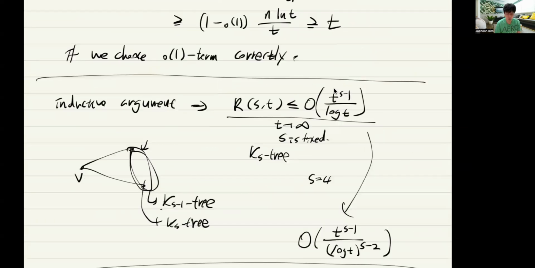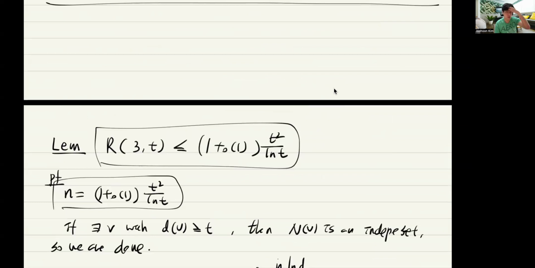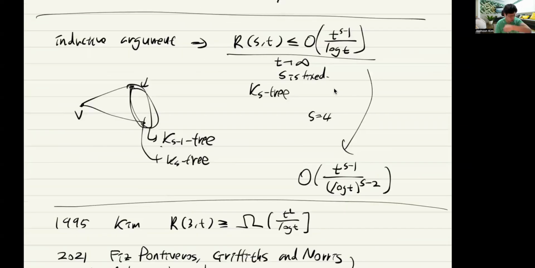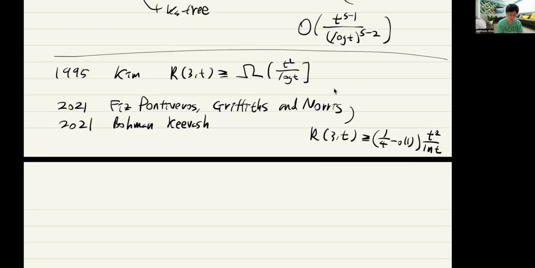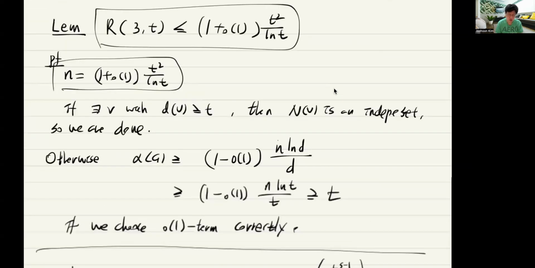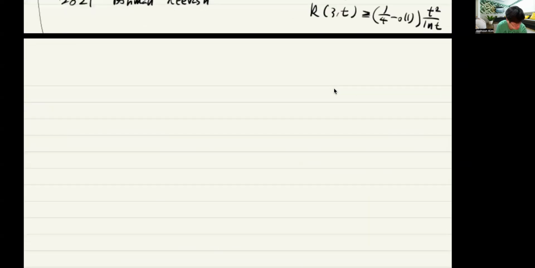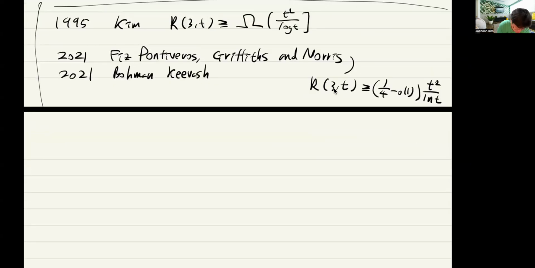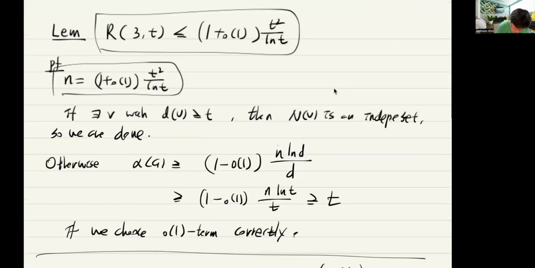So the above upper bound is tight up to a multiplicative constant of at most 4. So that was about this Ramsey number R(3,t). And getting back to Shearer's lemma.